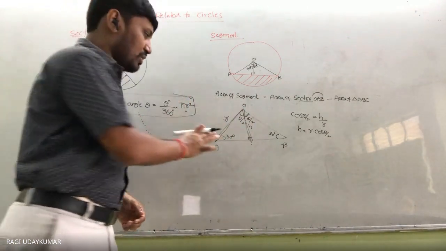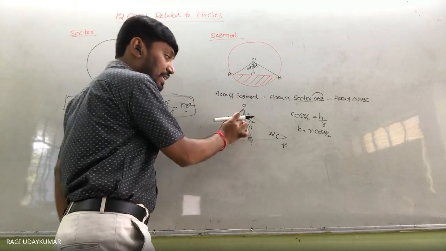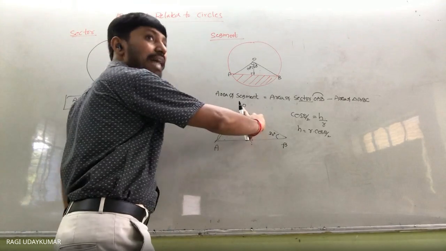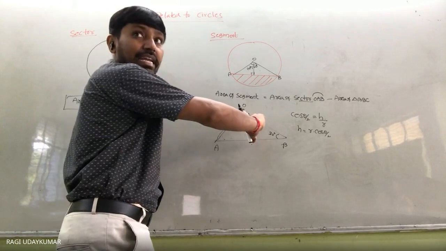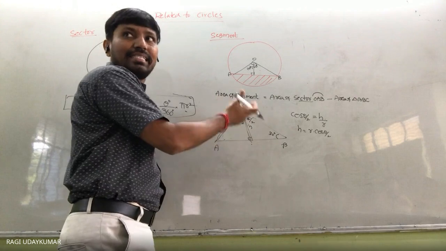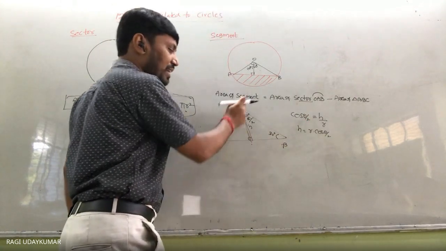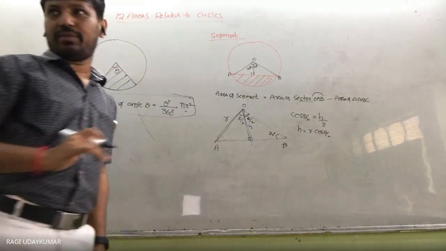With respect to this angle in this right angle triangle, this height becomes the adjacent. To this angle, what is adjacent by hypotenuse? Cos. So cos theta by 2 is equal to this height by r, so from this we got h equals r cos theta by 2.